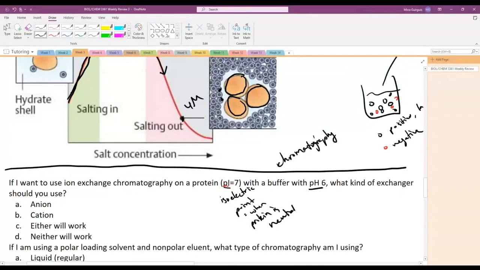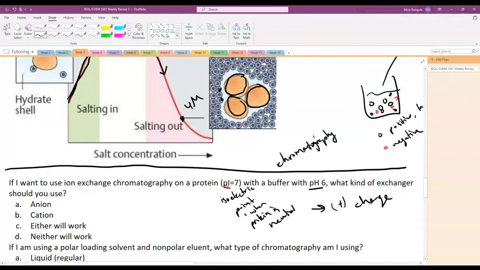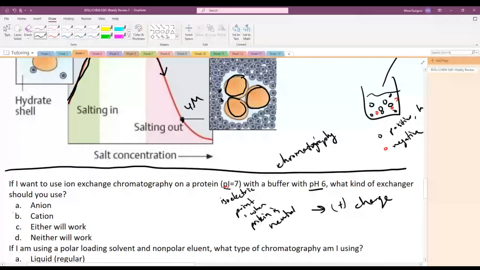Okay, and my pH is 6. So if my pH is below my PI, I'm positively charged. Okay, so if you're using a positive charge, you would use a cation exchanger.